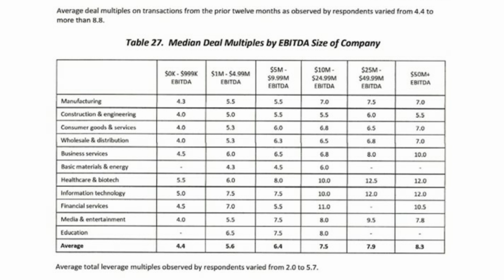And if you look at the second line down, we've got construction and engineering. For an EBITDA between 0 and $1 million, they have an average multiple of 4. For the next column over, for 1 to 5 million, you've got a 5 multiple.